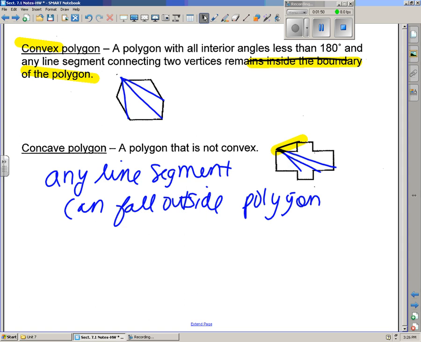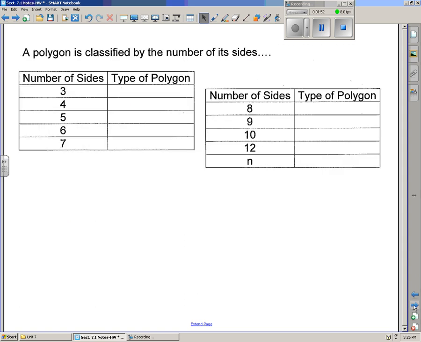Then we start classifying polygons. And polygons are always classified by their number of sides. If a polygon has 3 sides, you know it's called a triangle. If a polygon has 4 sides, it's a quadrilateral.